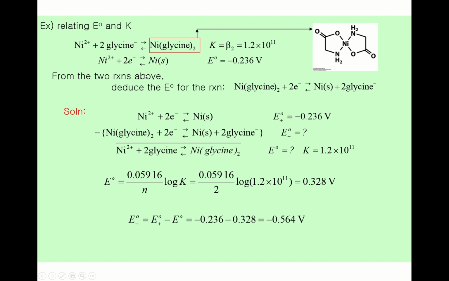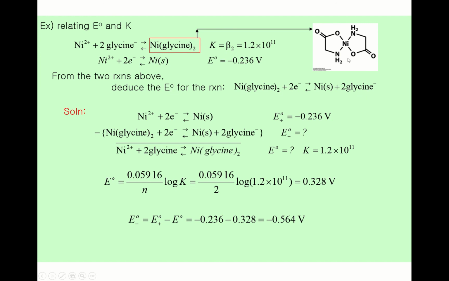We know that nickel ion accepts two electrons to become nickel metal, and for this half reaction, it is already known that the standard reduction potential is minus 0.236 volt. Now using these two reactions, we can deduce the E0 value for this reaction.